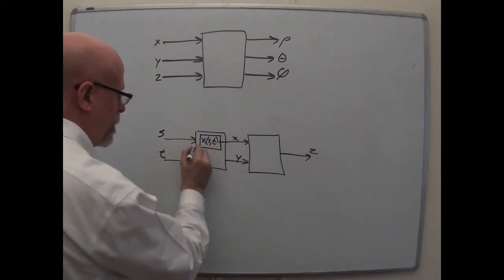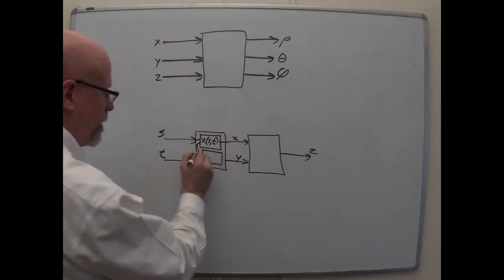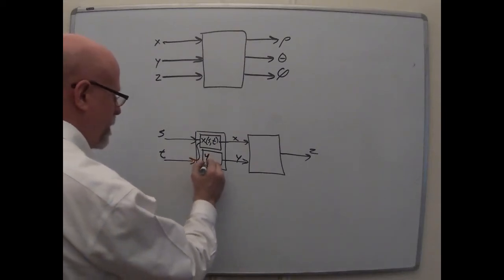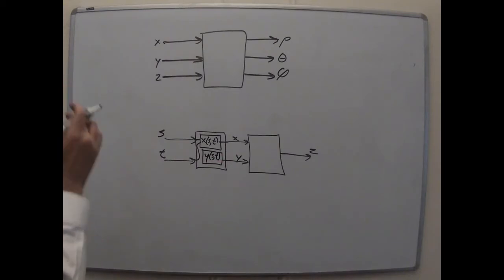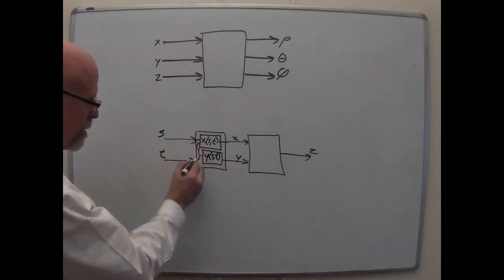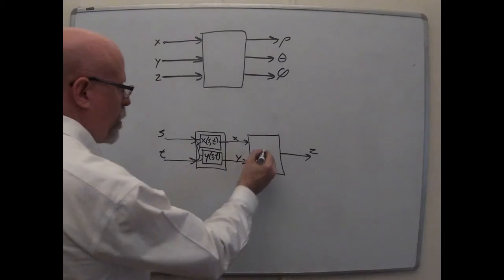And similarly, in the interior of that function, there's y of s and t. And that's got plumbing too. That's got to have s and t both feed into it. This one we can just call f, I suppose.